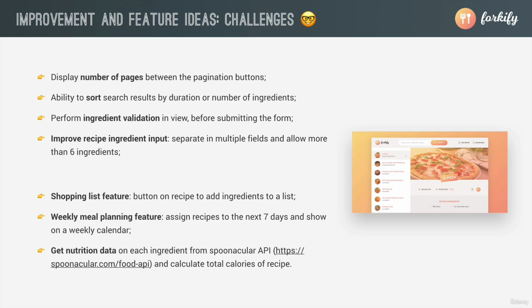So you could check out their website and their documentation, and from there, for each of the ingredients, for example, get the calories. And then you could calculate the total calories of one recipe, and maybe also per serving. And there is a lot of other different and interesting stuff that you could do with this application together with the Spoonacular API. So the possibilities are endless here if you want to have some fun.